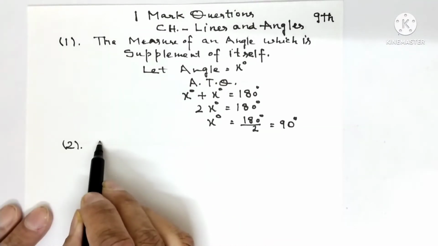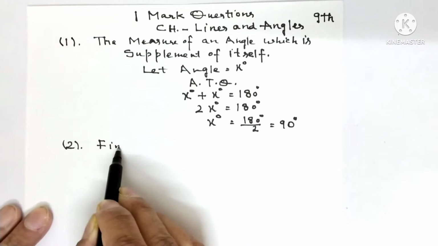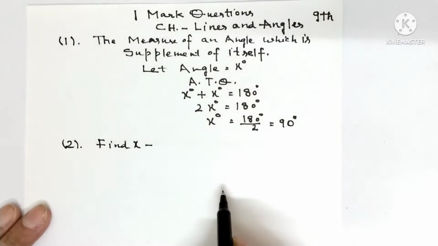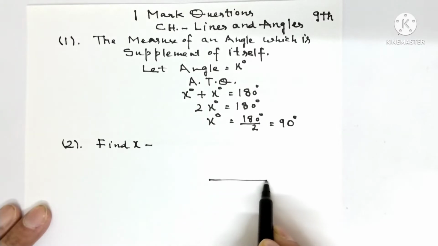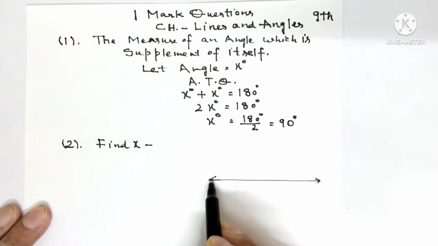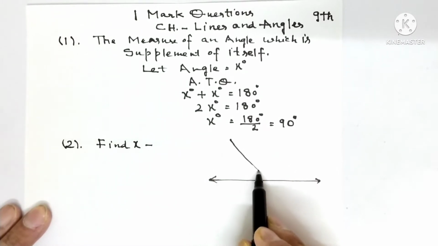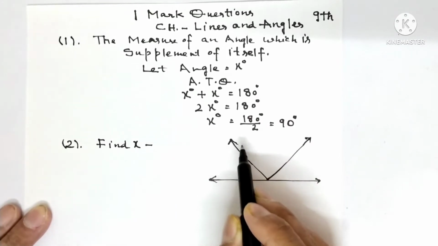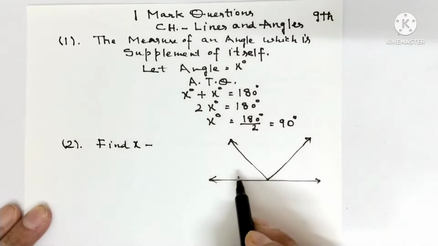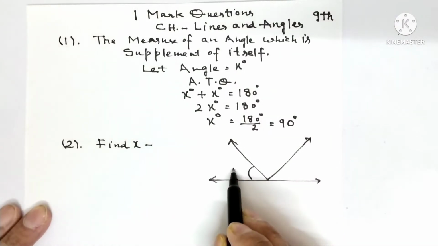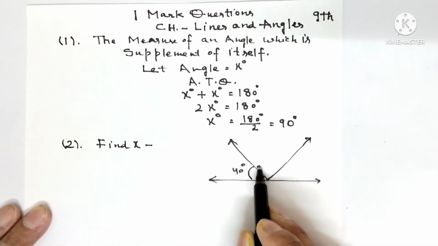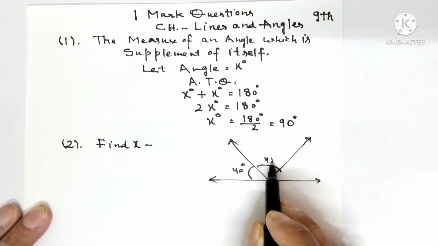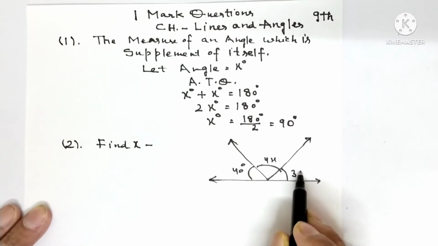Second question is find x. Now here one figure is given. These are two rays, and there is this angle 40 degree, this angle 4x, this angle 3x.